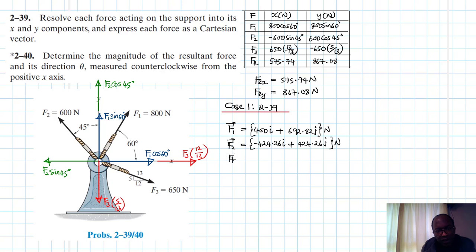And then finally F3: 650 times 12 divided by 13 gives us 600 i, and then minus 650 times 5 divided by 13 gives us 250 j newtons.